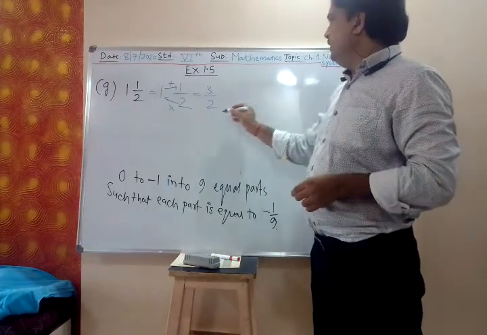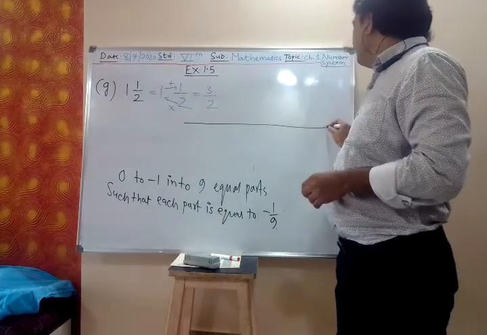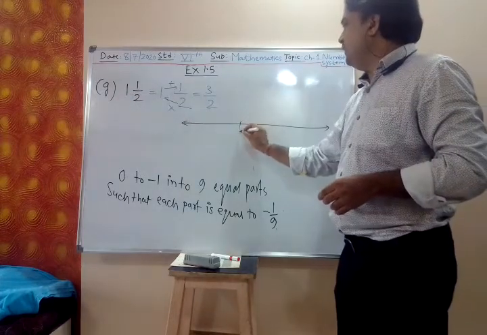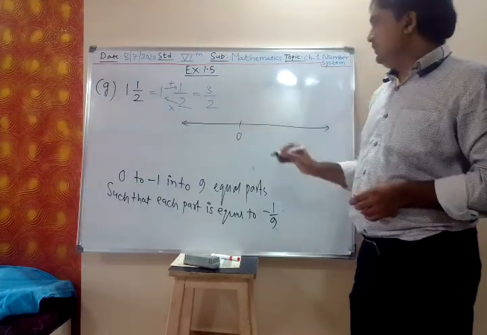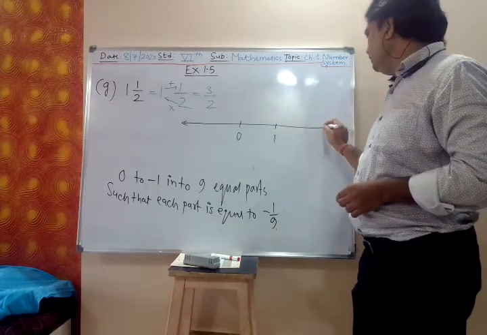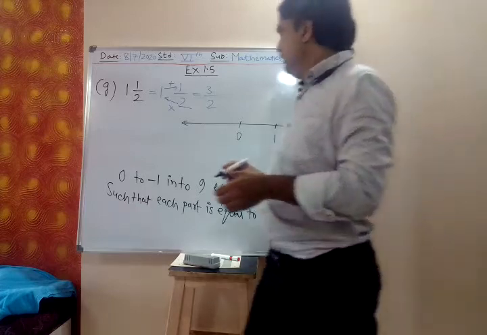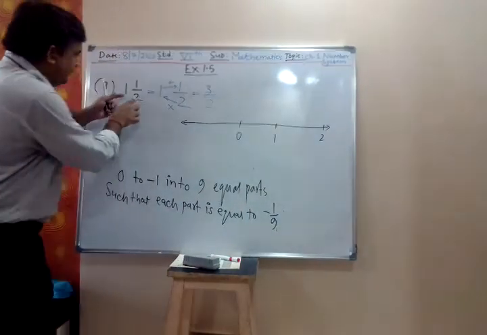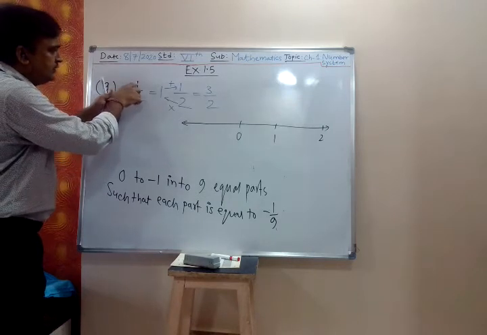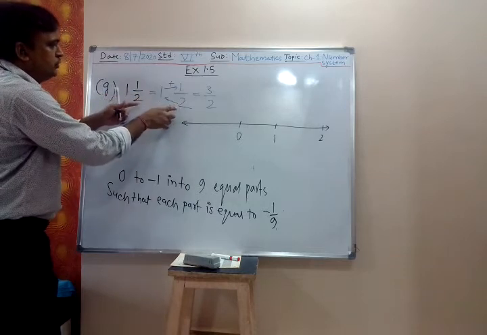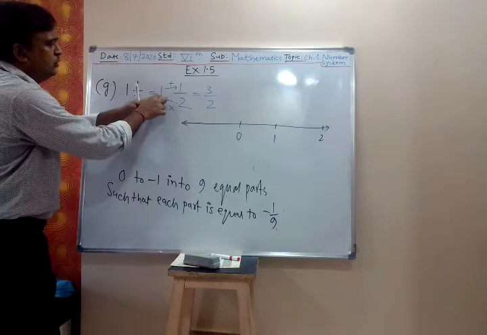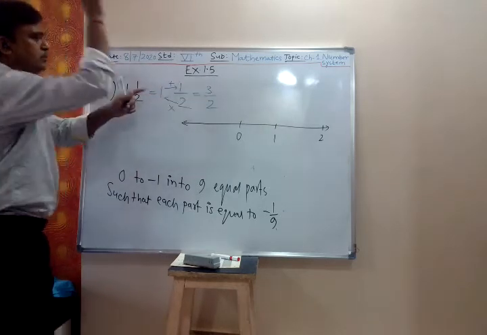So I will divide the number line, and the number is positive, so I will take 0 to 1, then 1 to 2. Here this is a mixed fraction. 2 ones are 2, 2 plus 1, 3 by 2.